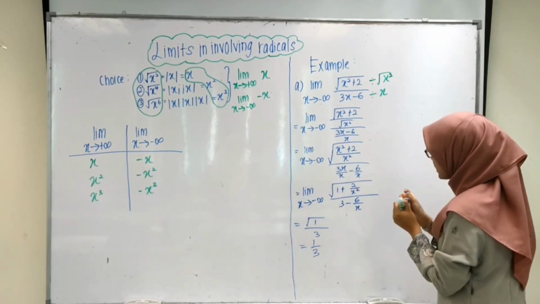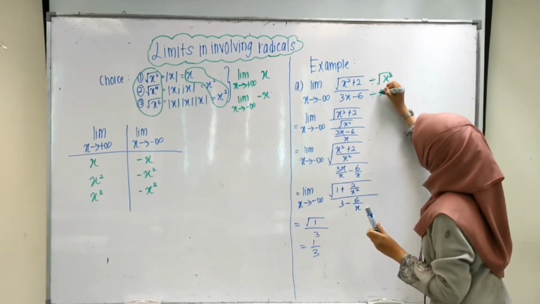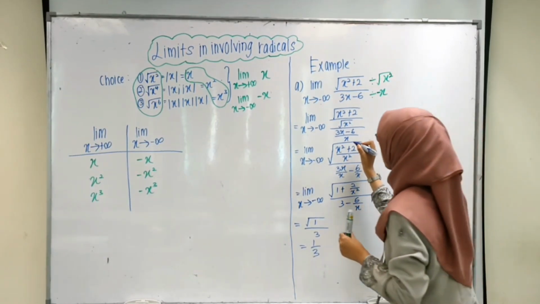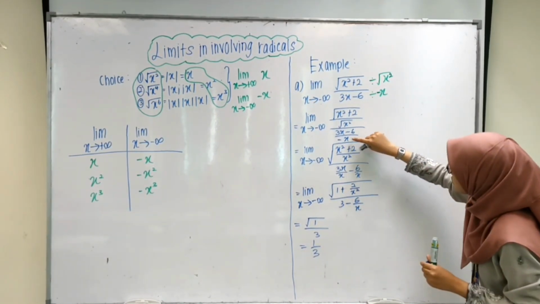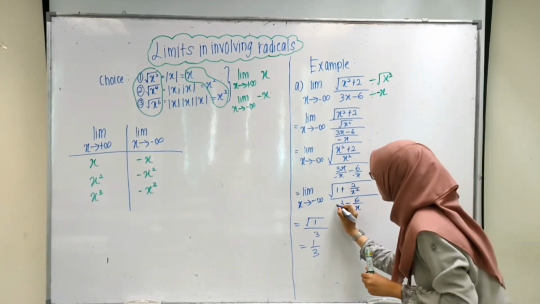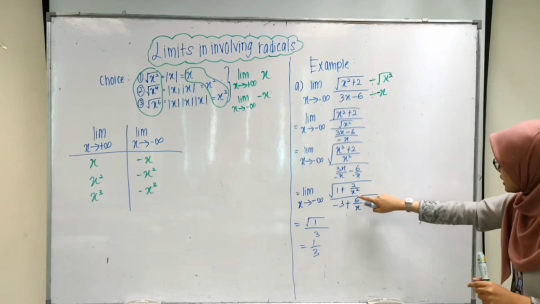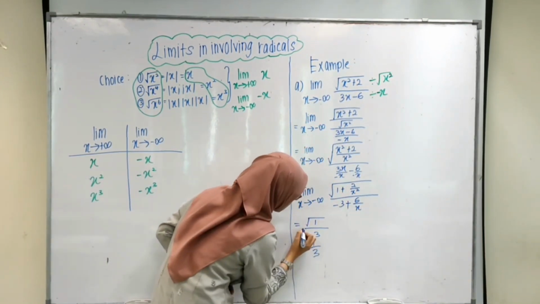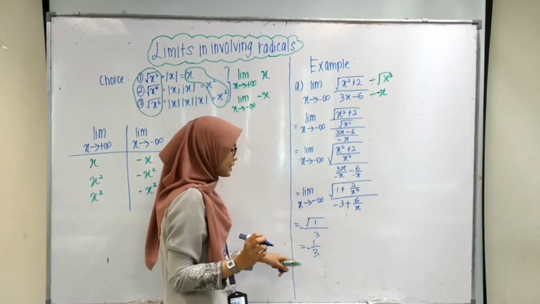So here will be negative x. Here will be negative x. So here will be negative x. So here will be negative x. So when we multiply, we will get this. So here when we substitute, negative plus negative, the answer will be negative 1 over 3.